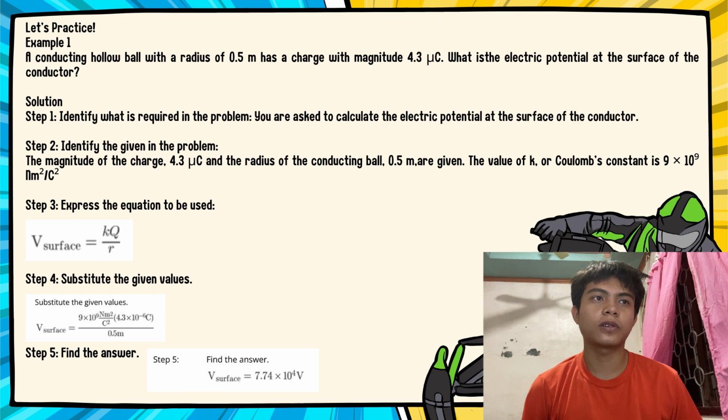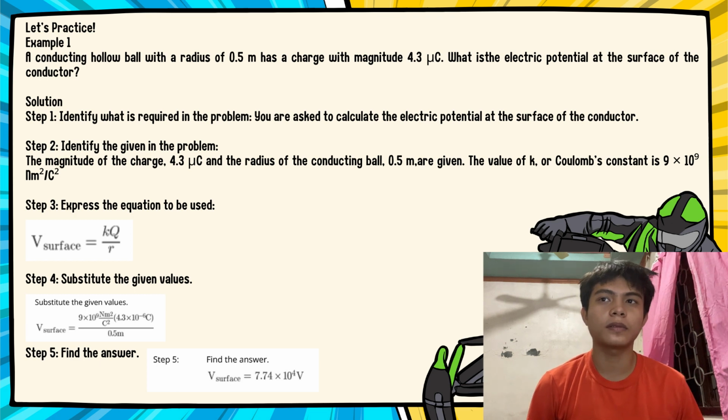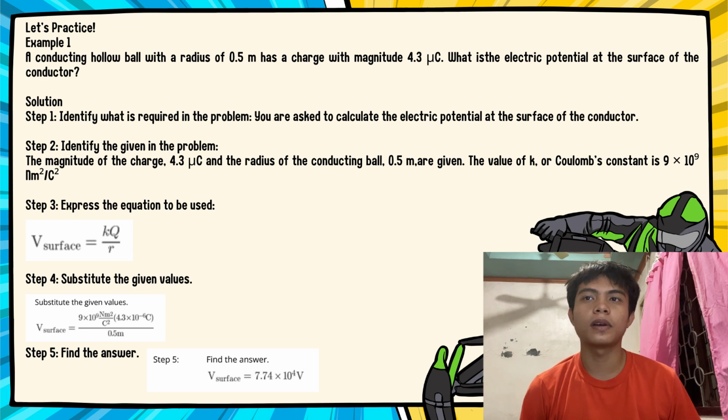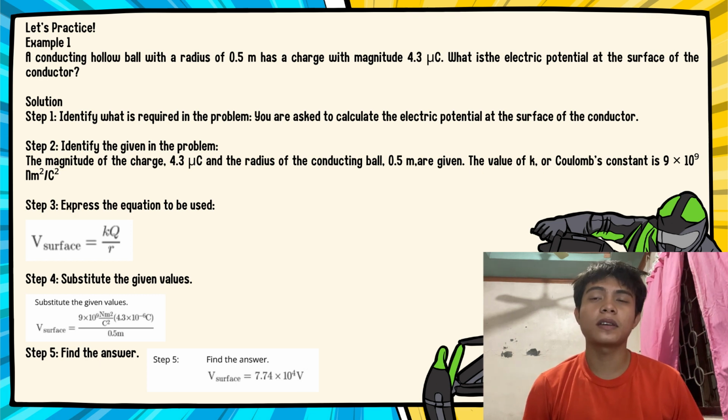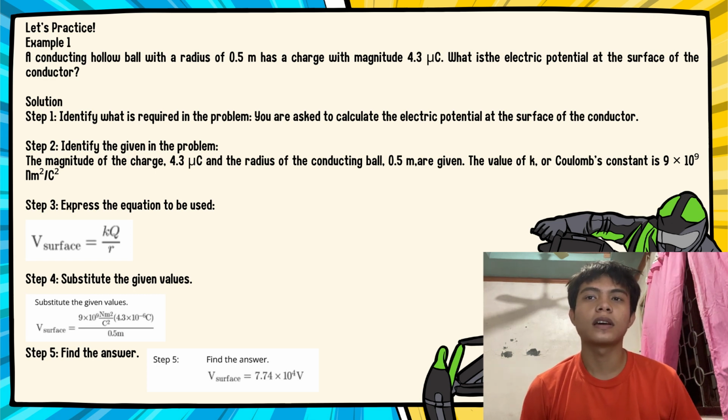The value of k, or Coulomb's constant, is 9 times 10 to the power of 9 N·m² divided by C². Step 3, express the equation to be used. V is the electric potential, k is Coulomb's constant, Q is the electric charge, then r is the radius or distance.